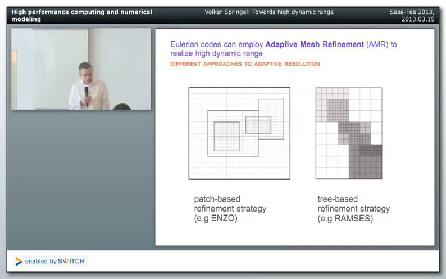And there are two basic algorithmic approaches for doing this, primarily used in the field. One goes under the name of patch-based adaptive mesh refinement, and the other is tree-based adaptive mesh refinement. And the patch-based scheme sort of places, as the name suggests, patches of higher resolution meshes somewhere.